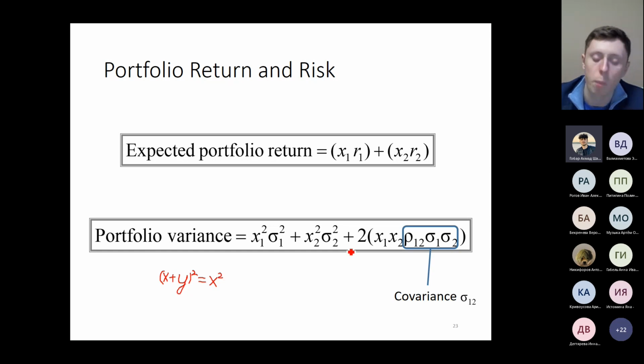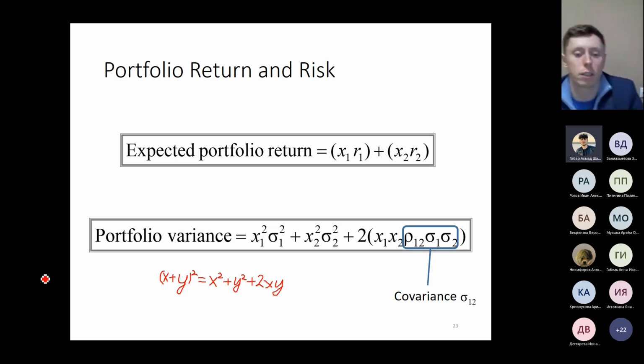Usually we have this part with 2 in the middle, but in order to make it easier to see how it should work, I would put it like that. y squared plus 2xy. And this is what we can do with this formula.